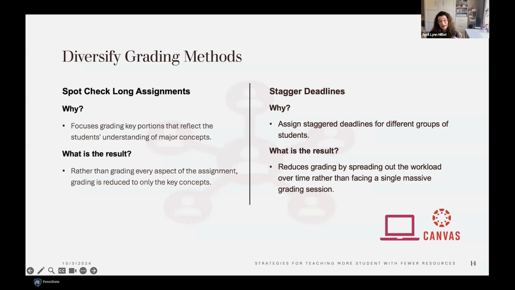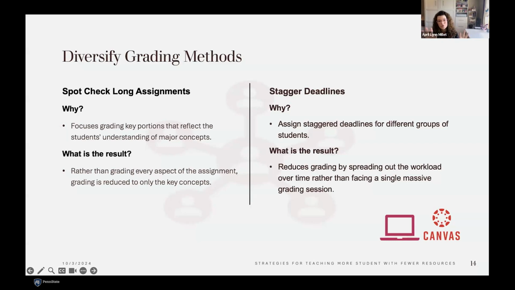So Canvas will allow you to do something like that to make it work for the students, and it will work for you because if you have a really large class, but you do want them to provide a writing sample kind of thing, you can only grade 1/10 or 1/12 of the class each week. So you're continually grading, but you're grading a whole lot less.